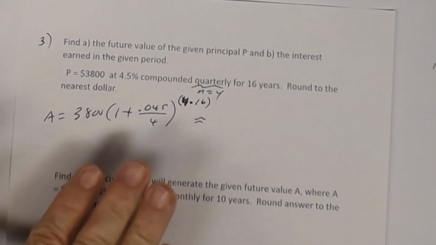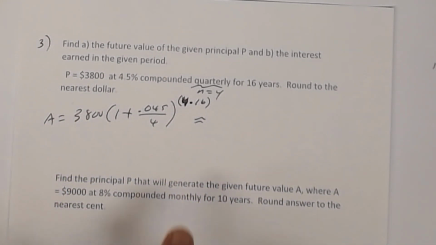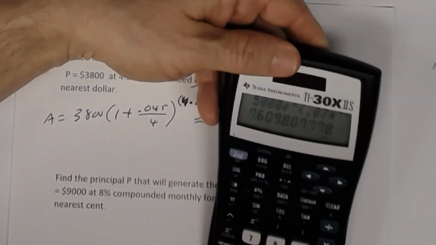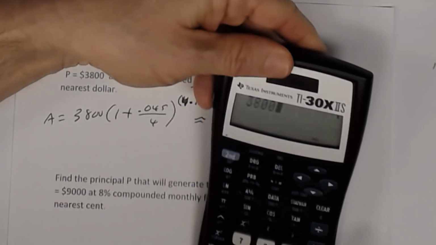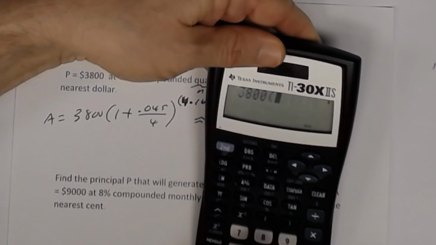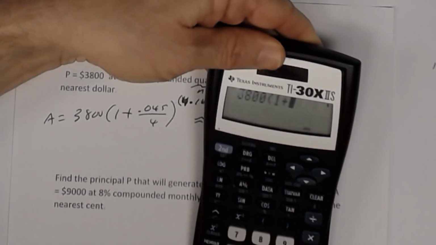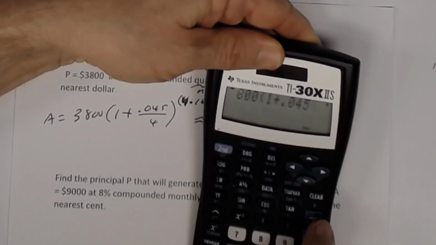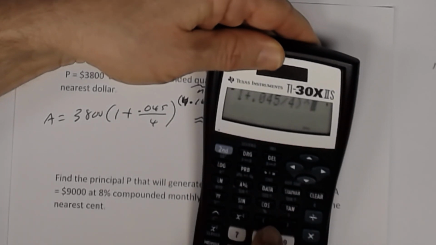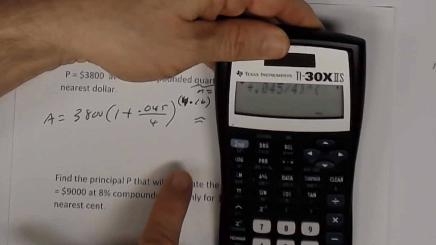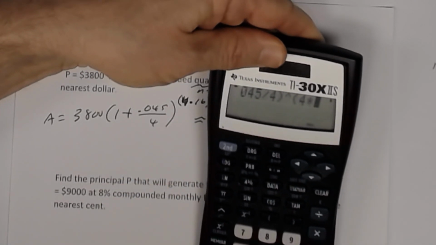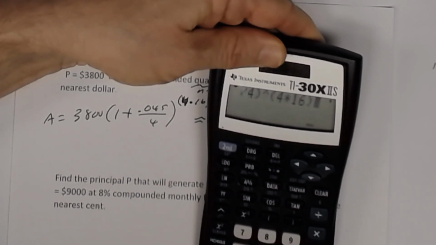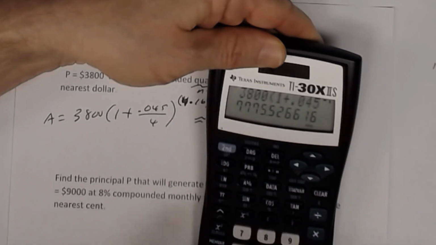So let's see what this is. I get 3,800 times parentheses 1 plus 0.045 divided by 4, close the parentheses, raised to open parentheses 4 times 16, close the parentheses, and then press equal. Okay? All right, so you get this.